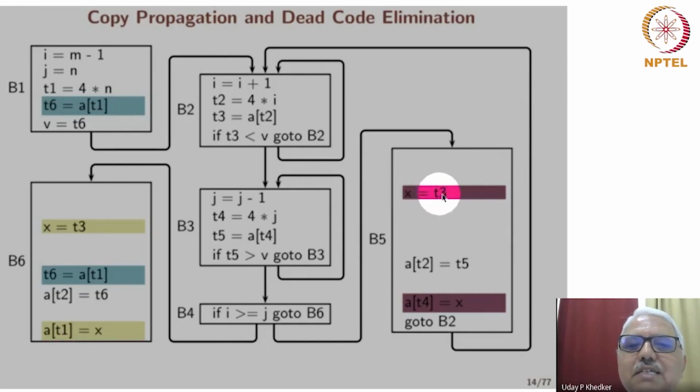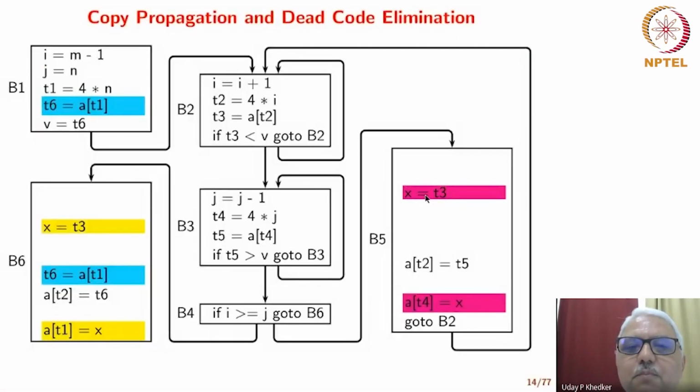So we have X is equal to T3, and we have AT4 is equal to X. So X is equal to T3, which means that X is a copy of T3. Okay. And neither T3 nor X is being modified here. So we can replace this X by T3. So we can perform what is called copy propagation.